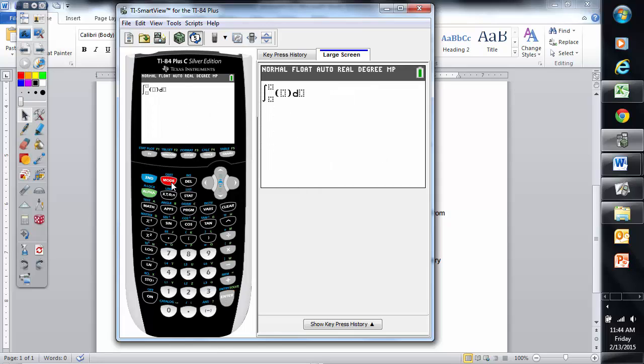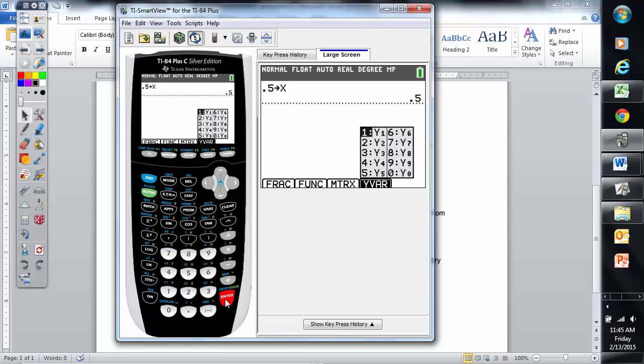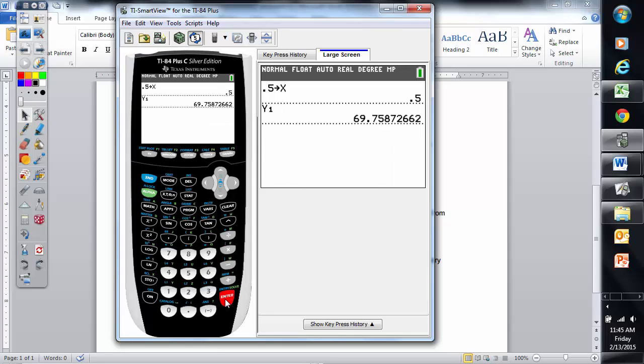It says, what's the average temperature over the first 3 hours if you look at each half hour, where t is 0.5, 1? So on my main screen, I already know what it is at 0. It's 70. I'm going to do 0.5, STO, x, and then alpha trace to evaluate it in my y1.